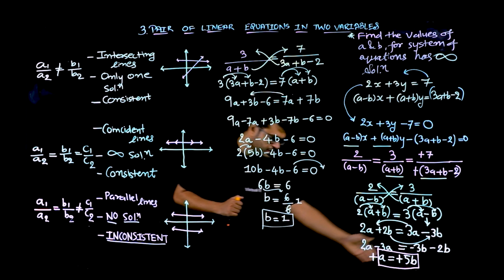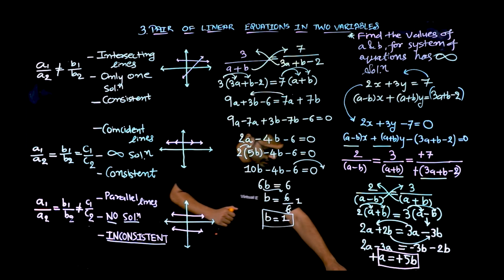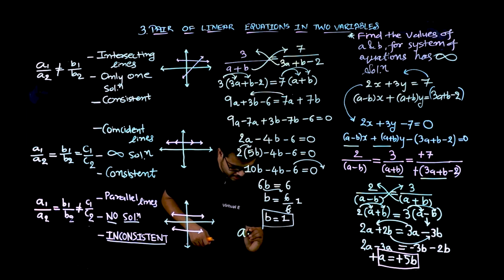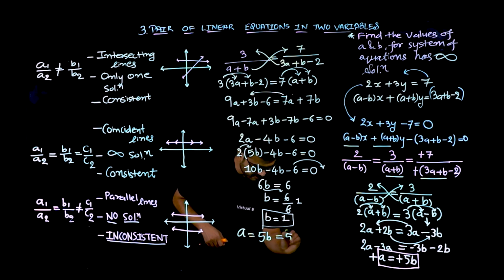So if I substitute this value, let's take the equation a is equal to 5b. So 5, what is the value of b, which is 1? 5 multiplied by 1. So value of a is 5.